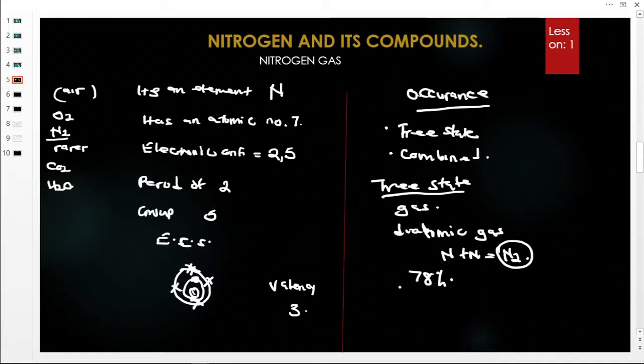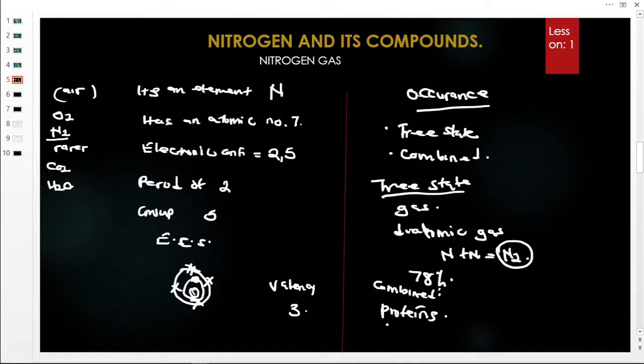Nitrogen can also occur in a combined state. In a combined state, it is mainly found in proteins: the eggs, the beans, the meat we eat, and so on. All those proteins contain nitrogen.